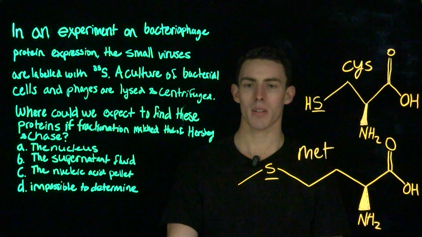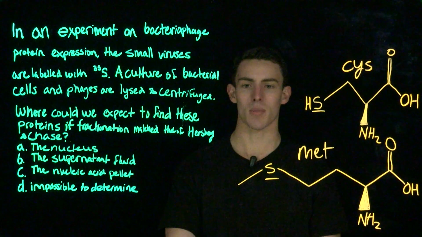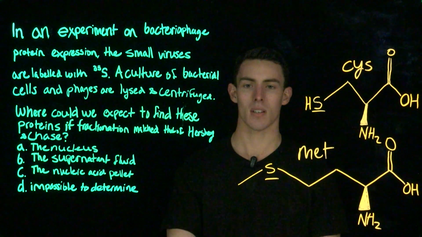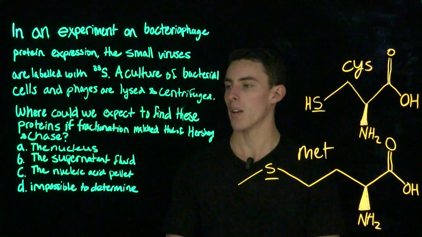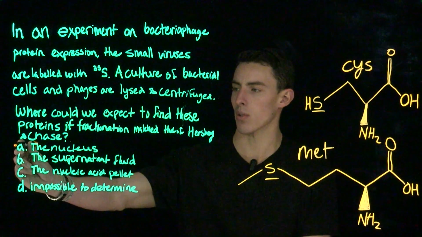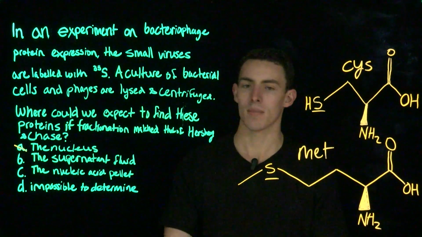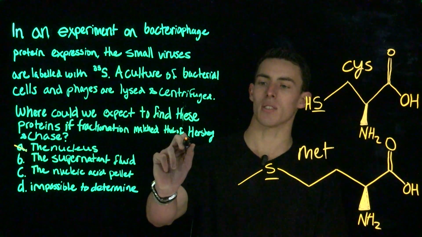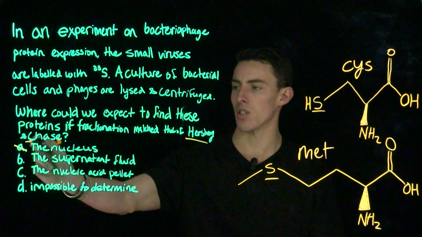Now, which one of these answer choices is going to be indisputably wrong? Let's think about, does a bacterial cell have a nucleus? No, it doesn't, right? So we can eliminate this answer choice right off the bat. Now, let's think back. The question says that this matches the conditions of the Hershey-Chase experiment.